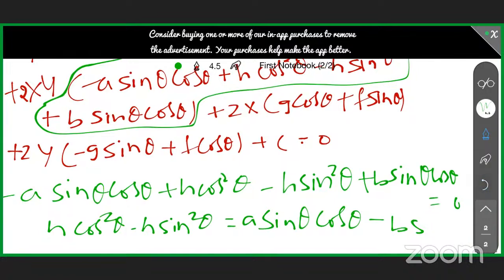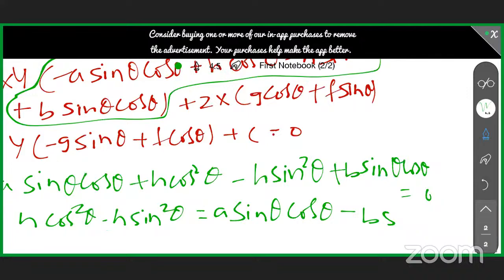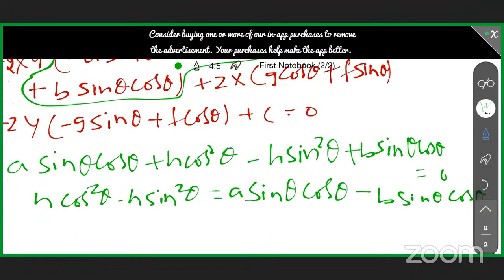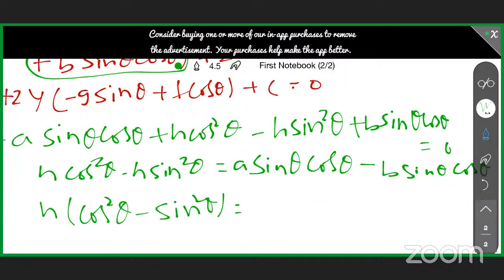I take h common here. Cos square theta minus sin square theta is equal to cos 2 theta. Who told it is 1?